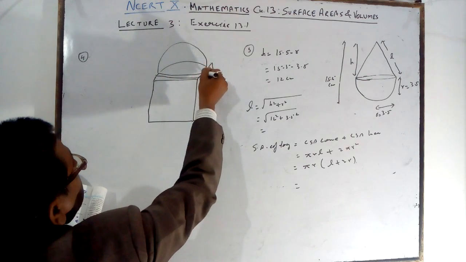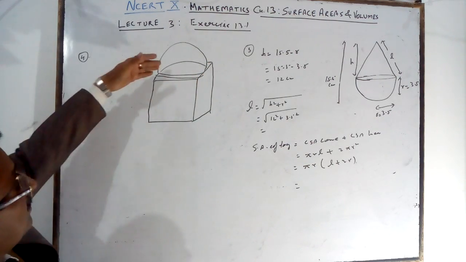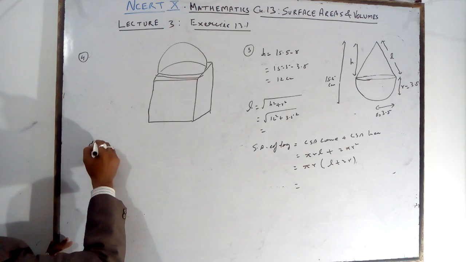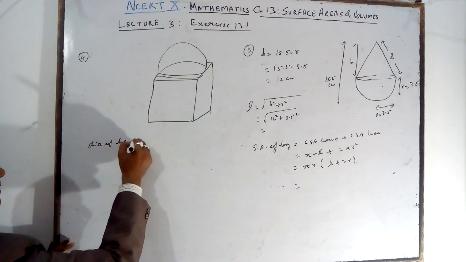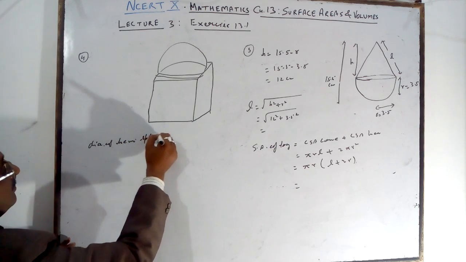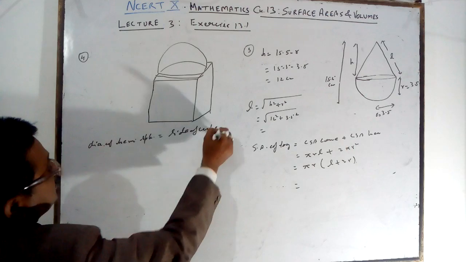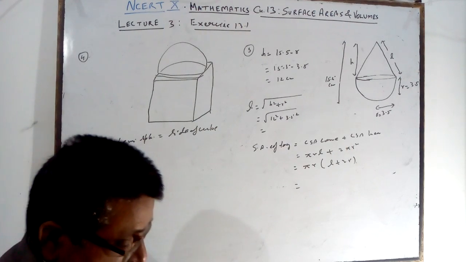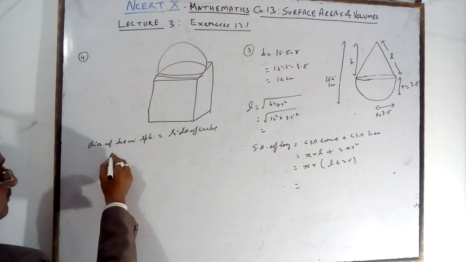Surmounted means the diameter of the hemisphere is equal to the side of the cube. What is the greatest diameter?